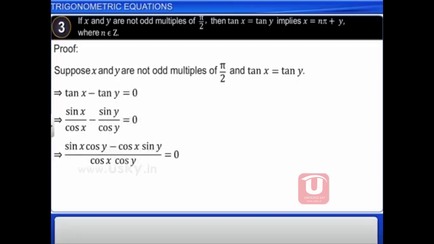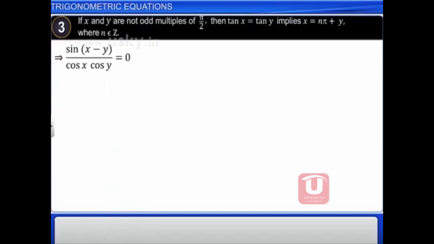Or (sin x cos y − cos x sin y)/(cos x cos y) is equal to 0. Now, sin x cos y − cos x sin y is equal to sin(x − y). So we have sin(x − y)/(cos x cos y) is equal to 0. This implies sin(x − y) is equal to 0.